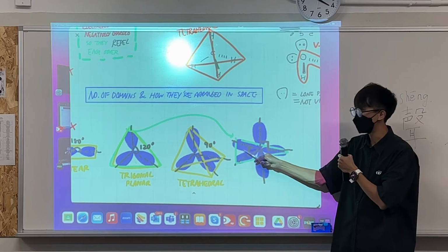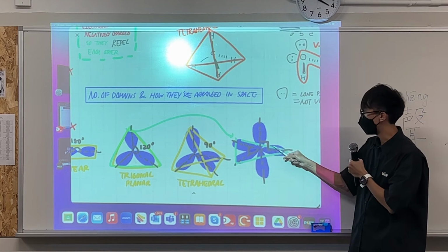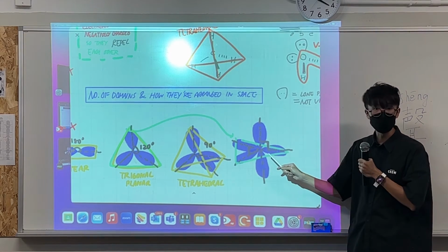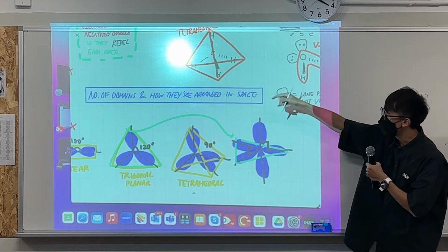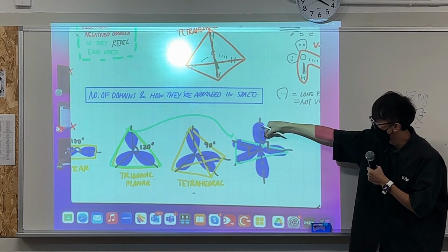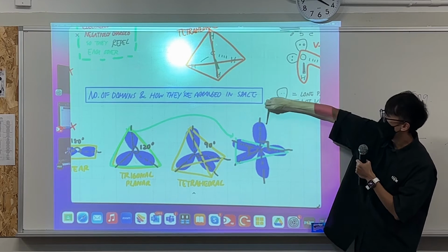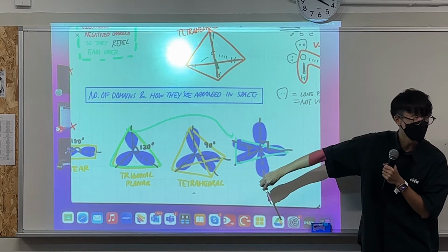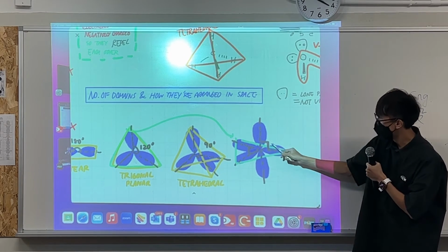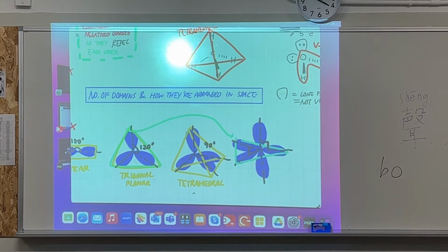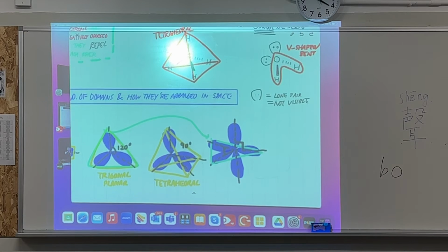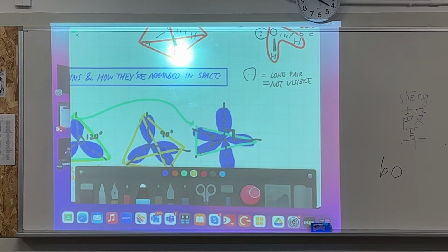Between this and that, 120. Between this and that, 120. This and that, also 120. Okay? And then I'm putting another 2 domains on top and below this triangular plane. And because it is placed perpendicular to the triangular plane, this is 90 degrees. So the angle, if you really imagine it, is fine. They are not asking you about the angle, they are asking you about the shape. And I'm here to tell you about the shape.